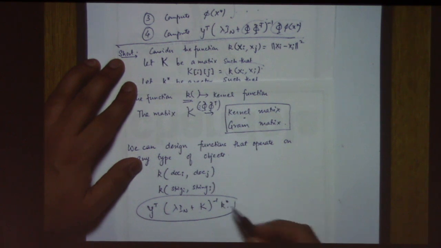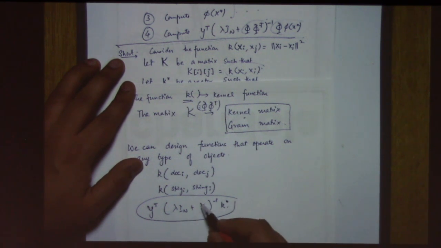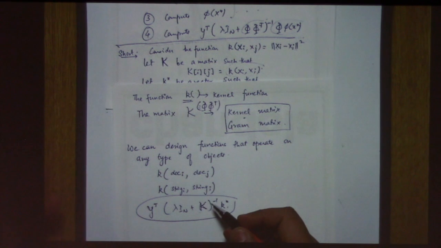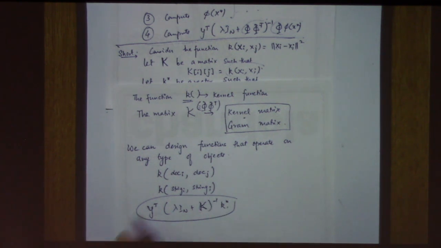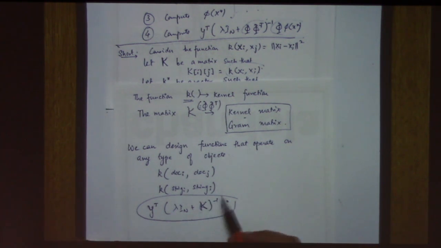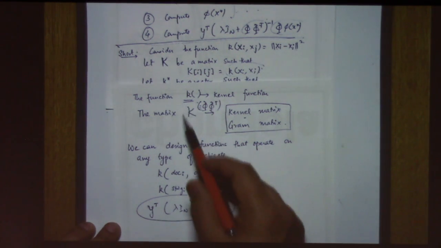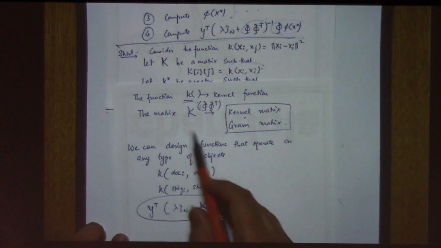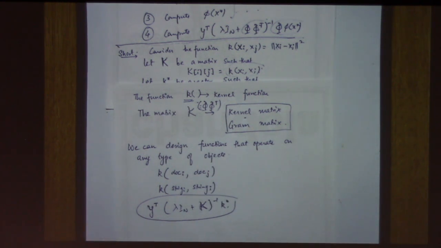However, you need to make sure that this K is well behaved, because if K is anything, you might not be able to compute this inverse. So there are certain properties that this function needs to follow, and I'll come to those. Okay, so we will talk about that soon.